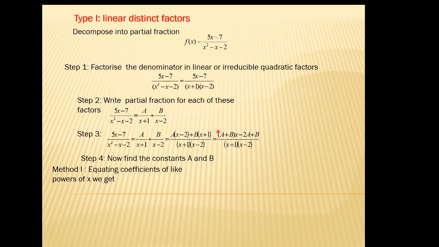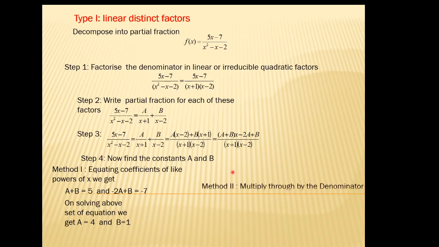Here the coefficient of x on the last fraction is a plus b, which is equated with the leftmost expression, that is, a plus b equal to 5 and minus 2a plus b equal to minus 7. On solving these two simultaneous equations, we get a equal to 4 and b equal to 1. This is the first method, that is, equating coefficients of like powers of x.